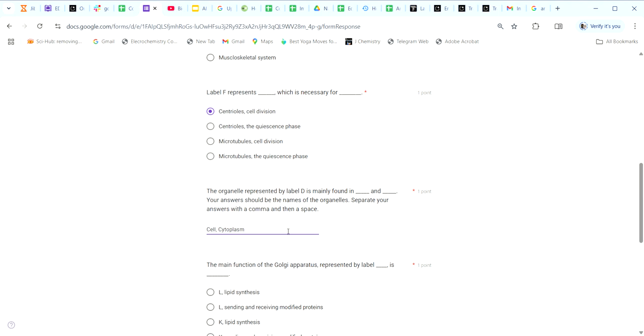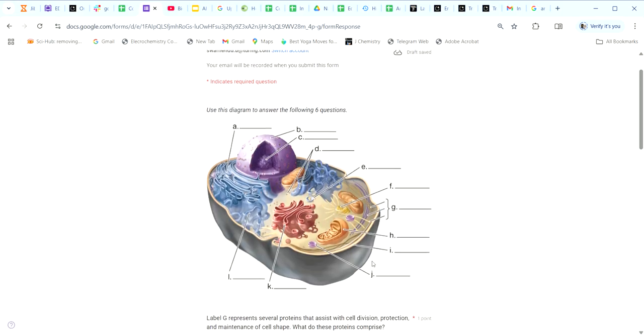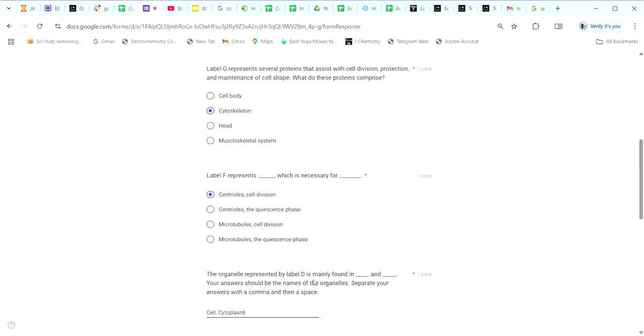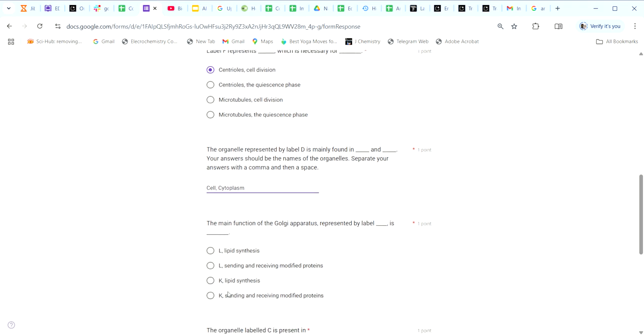Okay, so the next question is the main function of the Golgi apparatus represented by level which is what? Golgi apparatus, in this picture I think Golgi will be K. Definitely it will be K. And K is there in our option.